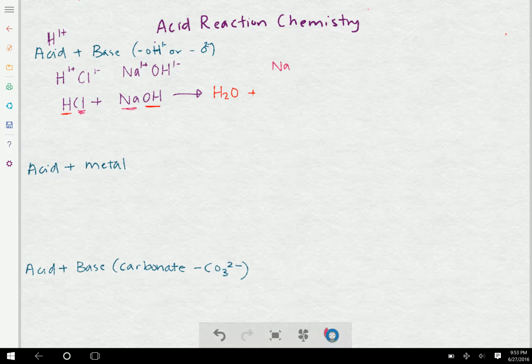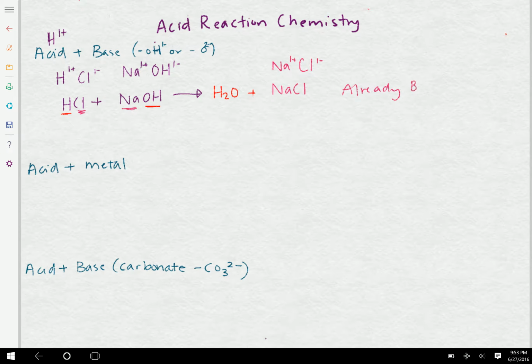Sodium is still going to be a 1 plus as the oxidation state, and chlorine is still going to be a 1 negative. Those halogens with a more electronegative value are going to stay their common value. And so we would have NaCl dissolved in water, or aqueous. Then I take a look: I've got one hydrogen, that's two hydrogens, and I've got two over there. One chlorine, that's balanced. One sodium, that's balanced. One oxygen, that's balanced.